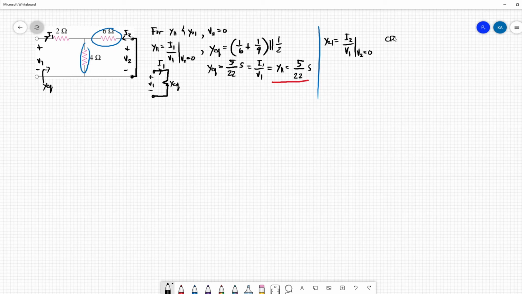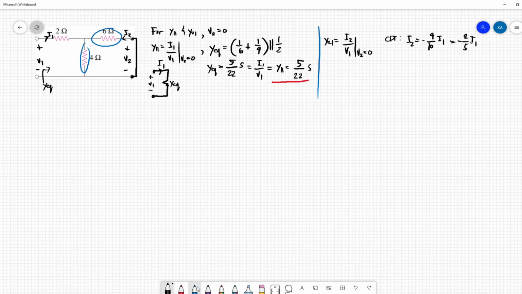By CDT, our I2 is equivalent to negative 4 over 10 I1. So this is negative because I2's direction is going to the left. So our I2 is just equivalent to negative 2 over 5 I1.